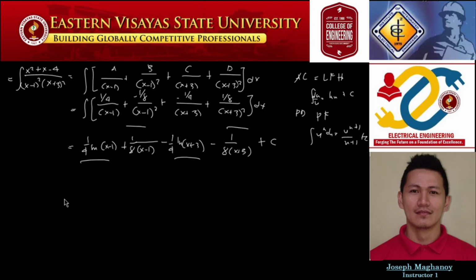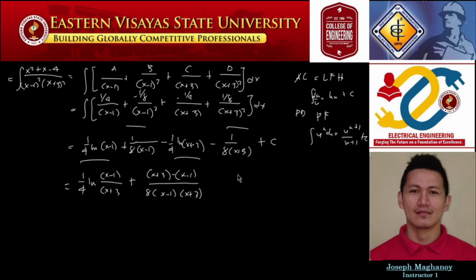Doing it, we have a common of 1/4 ln, so x minus 1 and the base x plus 3 plus, how about these two? It becomes x plus 3 minus x minus 1 all over 8 x minus 1 x plus 3.